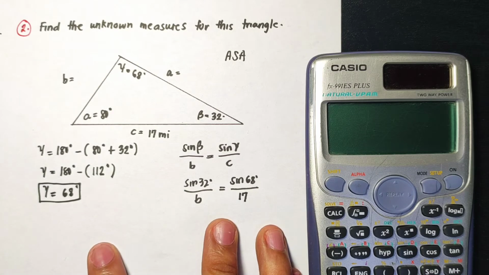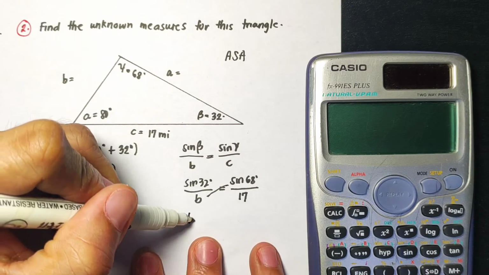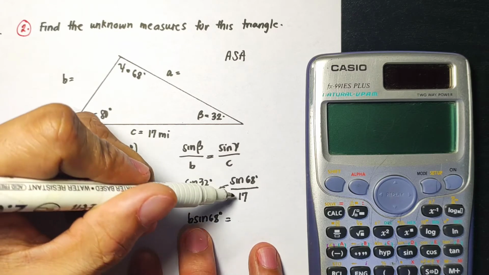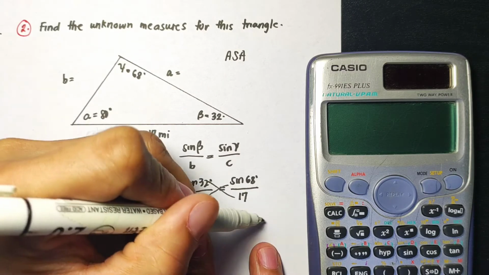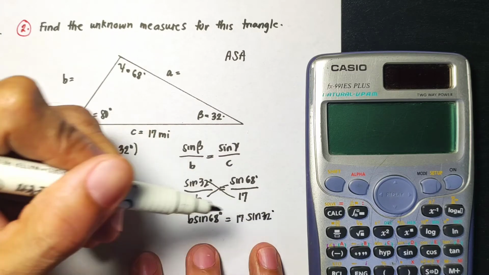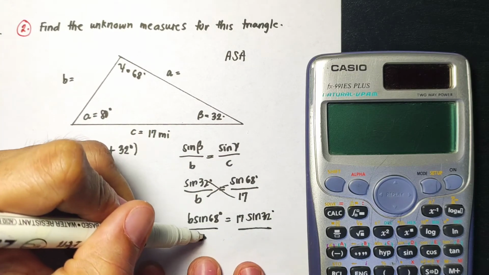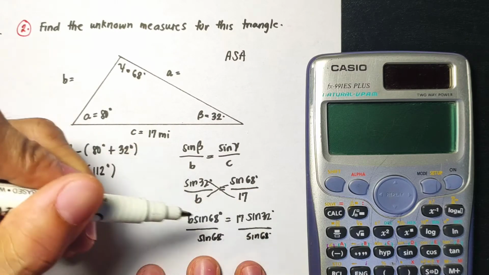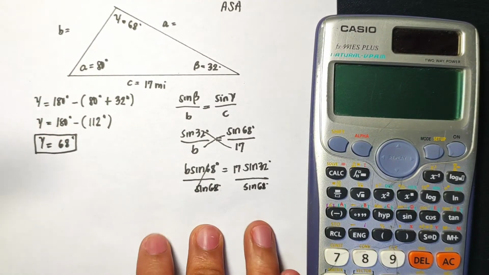Solving for this, we will get B sine 68 degrees equals 17 times sine 32 degrees. Dividing both sides by sine 68 degrees, we can now solve for the value of side B.